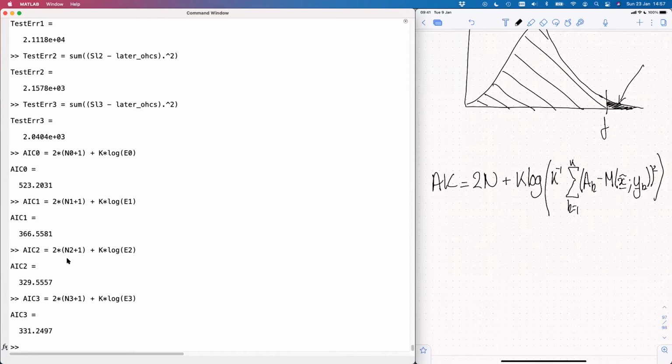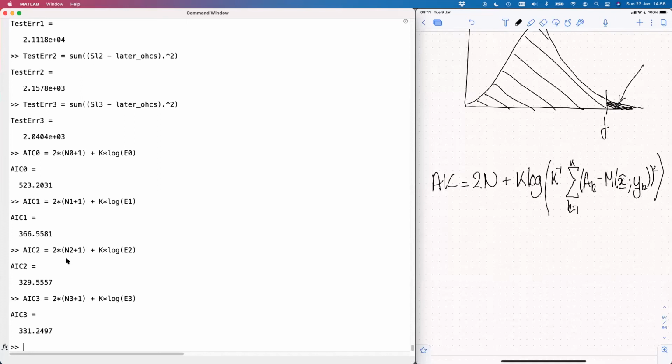So, again, like the F-test, this procedure ends up selecting the quadratic model and suggesting that we can't justify the additional complexity of the cubic model. One advantage of the AIC and information criteria in general over the F-test is you'll notice that I haven't made any mention of models needing to be nested.